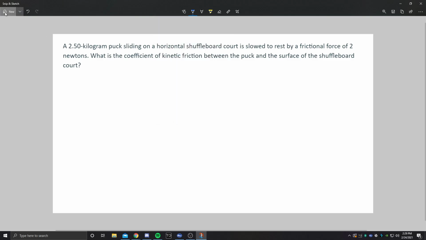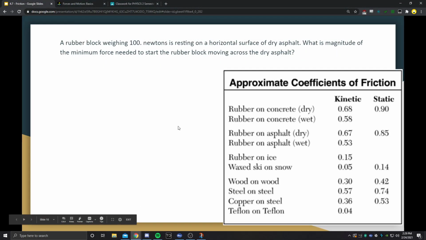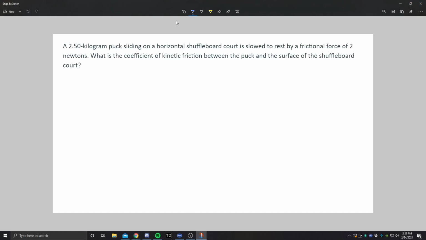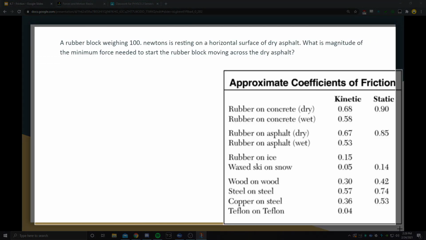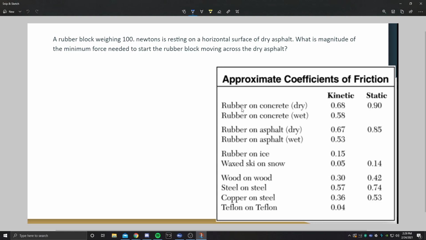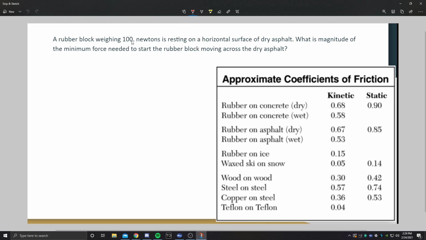Let's do another problem. A block weighs 100 newtons, right?